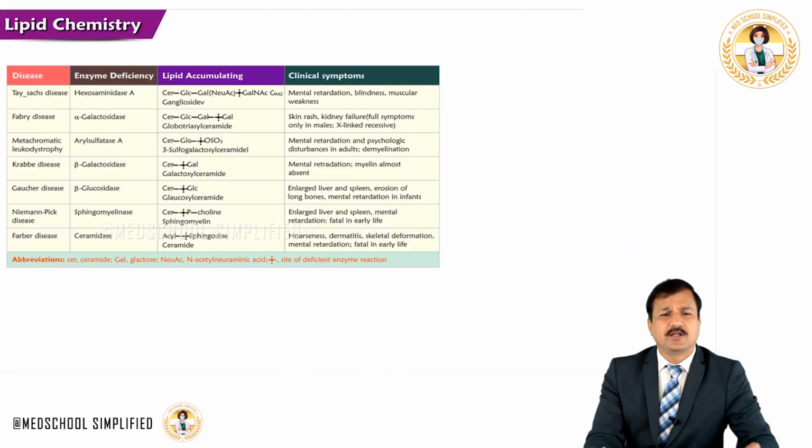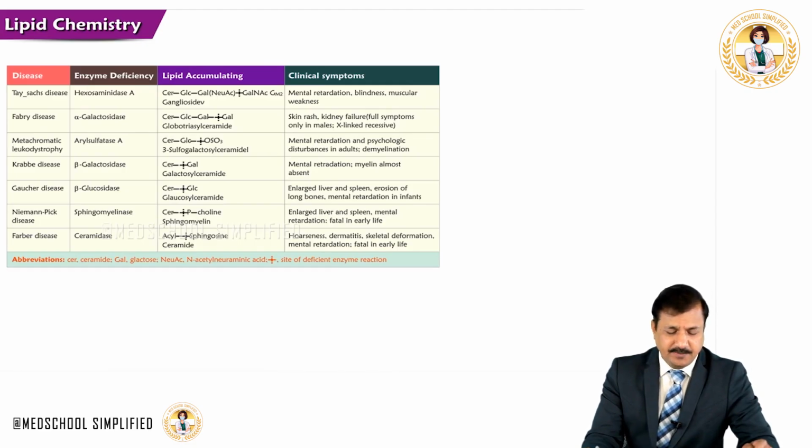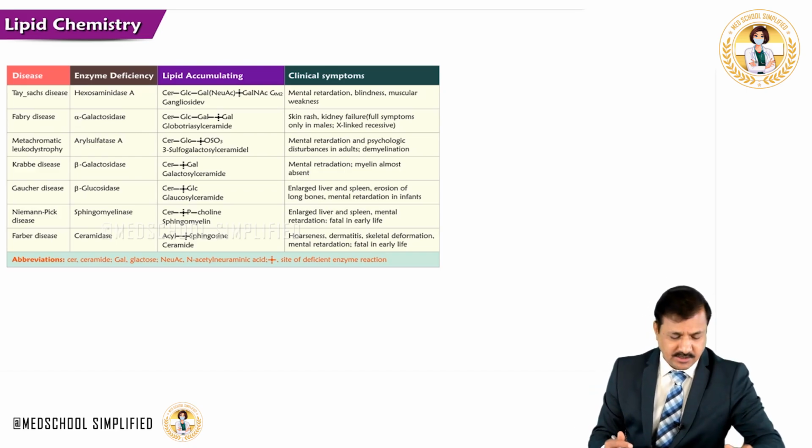So here is the table which is enumerating all the sphingolipidoses with the enzyme being deficient, lipid being accumulated in the tissues, and also some of the clinical signs and symptoms. Let me briefly go over this, then we will go into individual disorders.